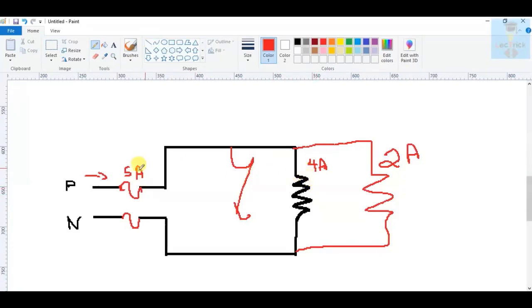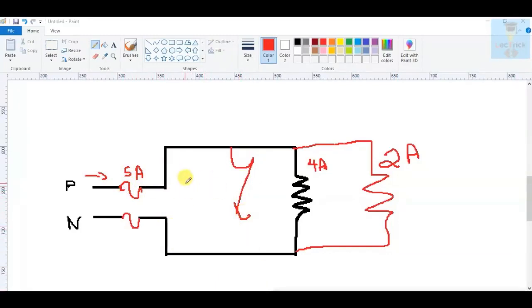So this protective element is introduced in our circuit. Without a fuse, your electrical appliances will definitely be damaged, because every electrical appliance has limited resistance. So whenever there is an overload or short circuit, the fuse melts and opens the circuit.